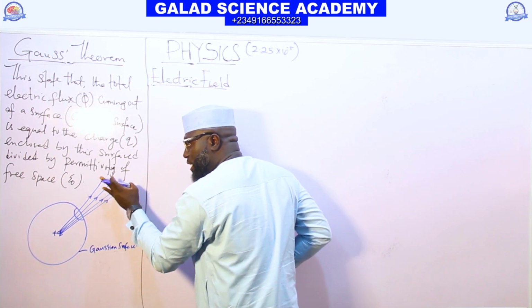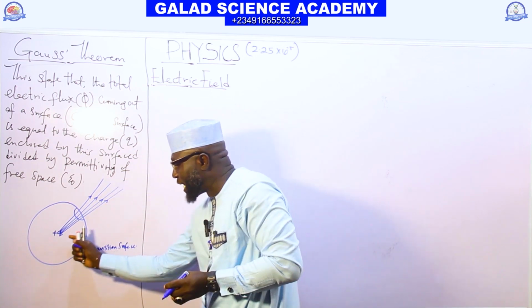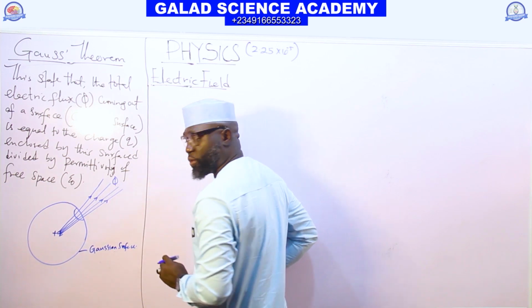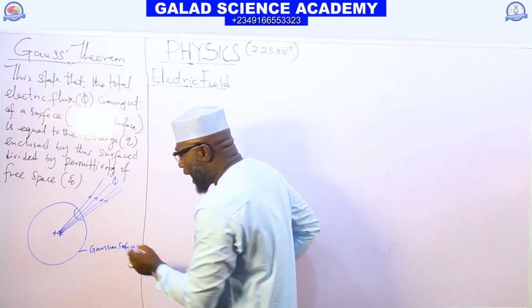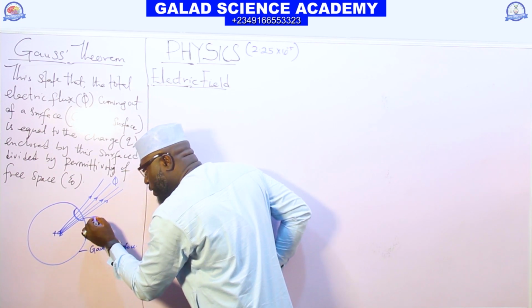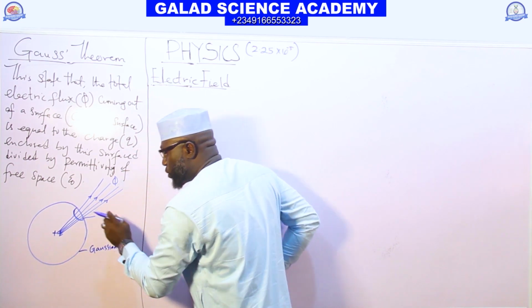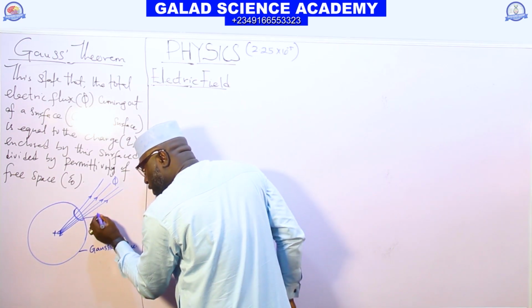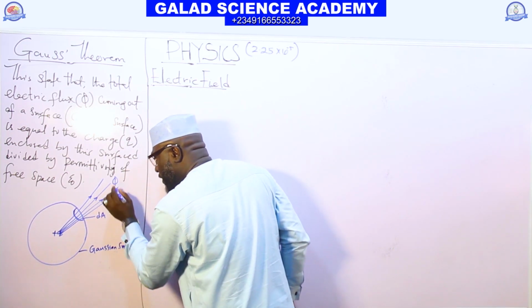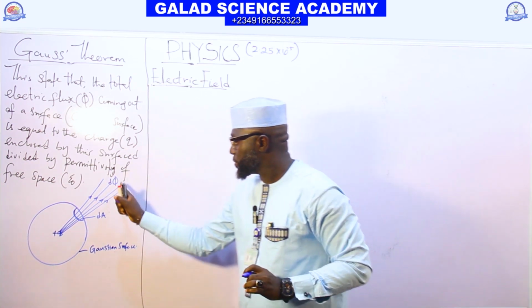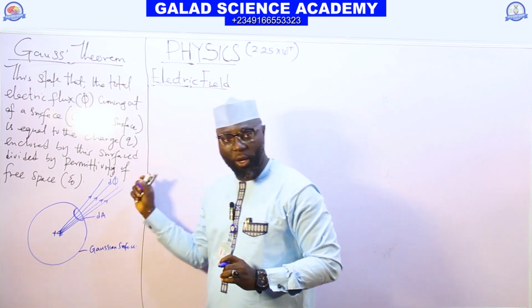But the amount of this field that is coming out here is what we call electric flux, coming out from this particular region, which is the area of the surface. This is what we call the flux that is coming out.